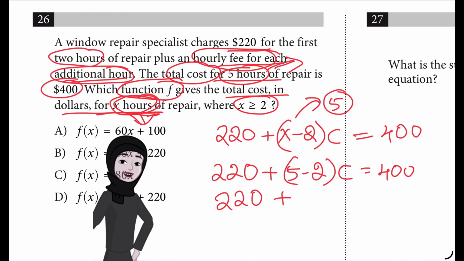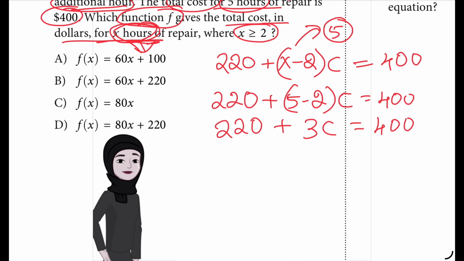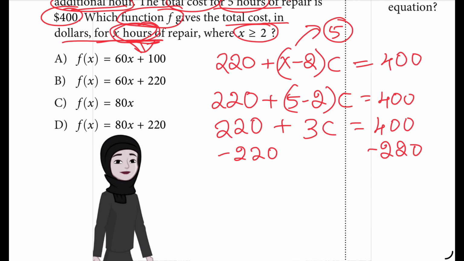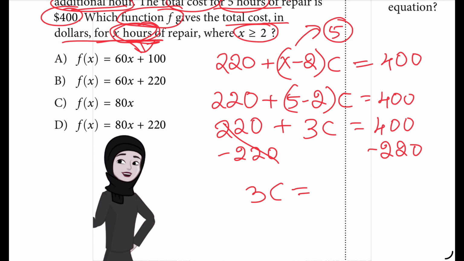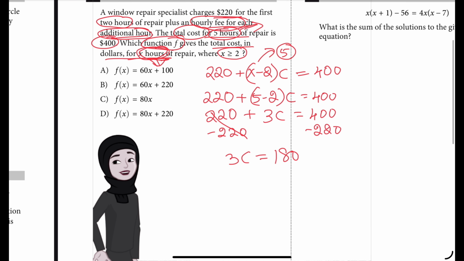So 220 plus 5 minus 2 is 3C is equal to 400. After that, subtract 220 on both sides. So 3C will be equal to 400 minus 220. So 400 minus 220 is 180.